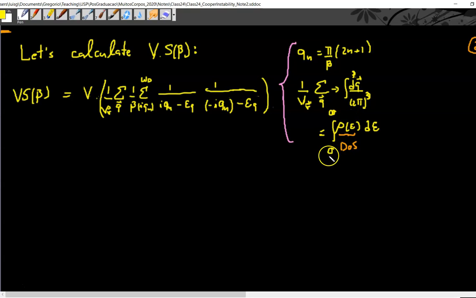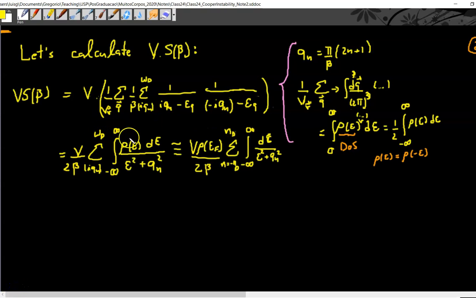So this would be an integral from 0 to infinity, since I'm considering all temperatures here. So rho of epsilon, and whatever is the integrand here will also be there.